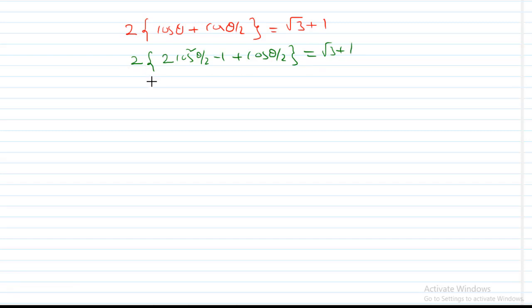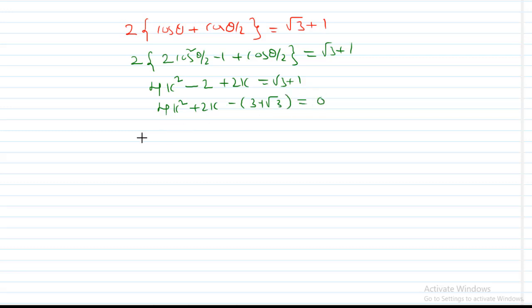In other words, 4k square minus 2 plus 2k equals root 3 plus 1. I took cos theta by 2 as k. So 4k square plus 2k minus (3 plus root 3) equals 0.